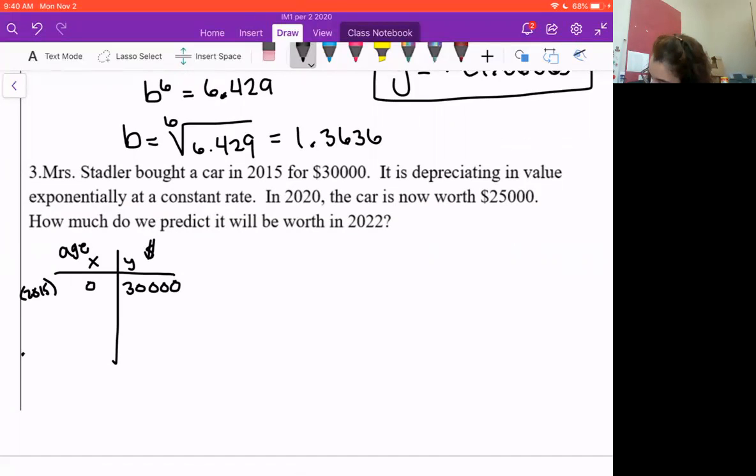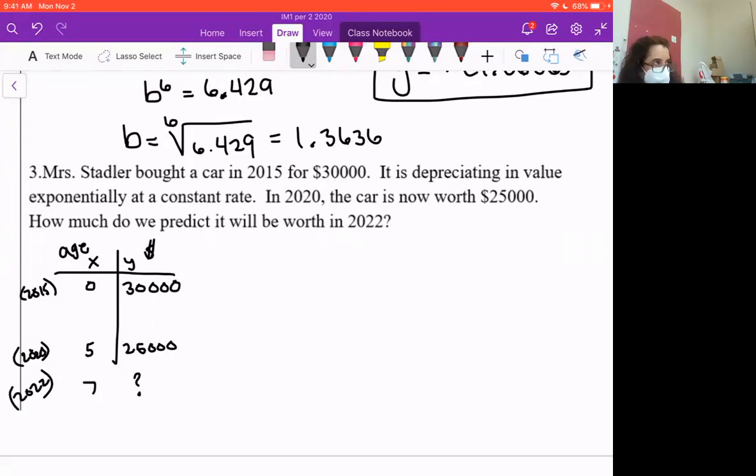Okay, now it's 2020. I don't care about the year so much as just realizing the car is now 5 years old. So 5 years later, my car is worth $25,000. And then it's asking, how much do I think it would be worth in 2022? In 2022, the car will be 7 years old.